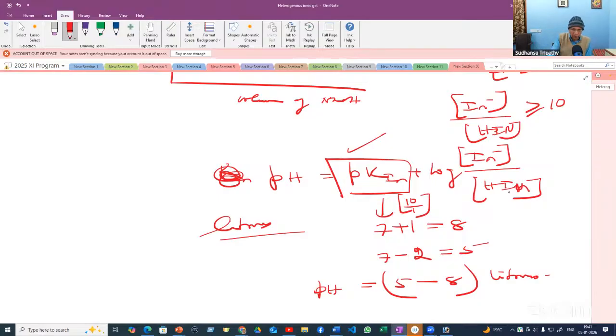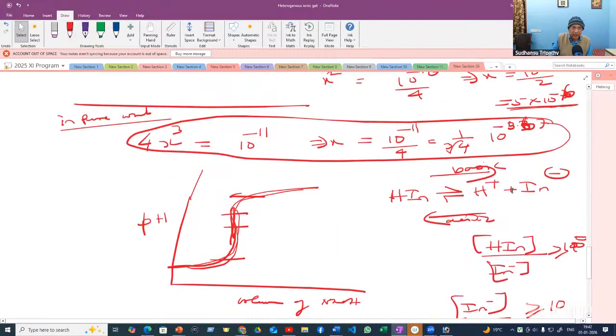Below 5, the litmus indicator will be perfectly red. Blue litmus turns red. And above the range it will be perfectly blue. And in between, the color is very mixed and doesn't carry any diagnostic value. But if the equivalence point comes with a much greater range of vertical portion, then that short range for every indicator can be accommodated. Therefore, this is the titration curve for strong acid, strong base. I forgot to tell you.